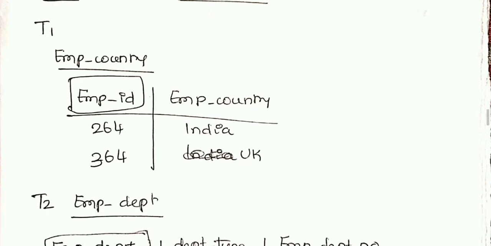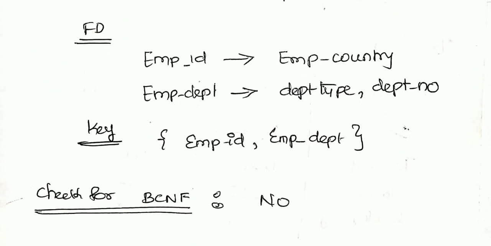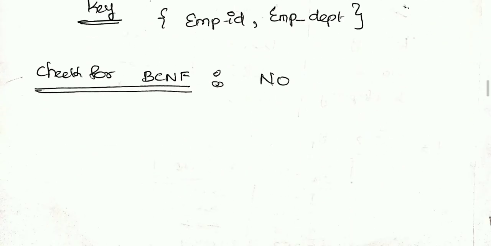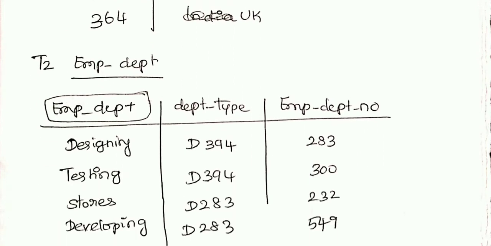For the second decomposed table, go to the second dependency we have. Employee department tells you the department type and department number. So department type and department number are determined by employee department. This dependency separately forms another decomposed table.